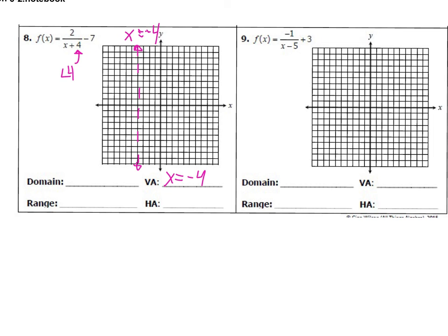All right, then, so our horizontal asymptote is going to be affected by this. So it's a minus 7, so we're going to go down 7. So that means that our y equals 0 moves to y equals negative 7.